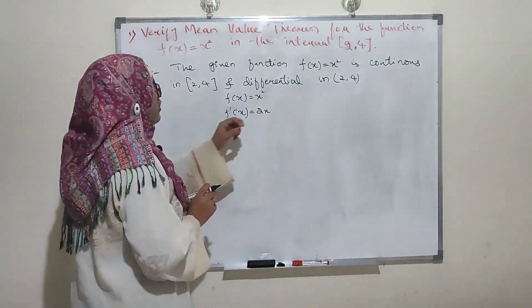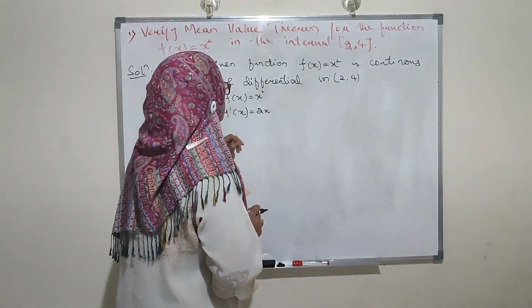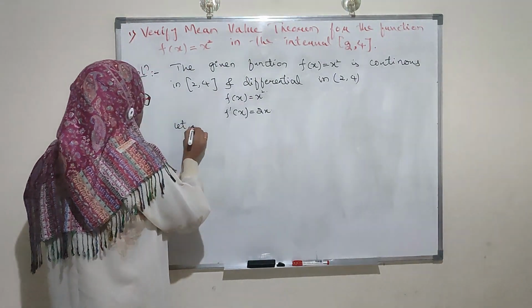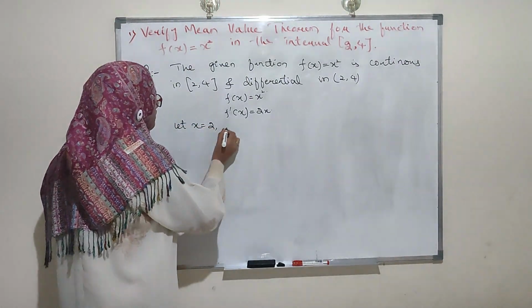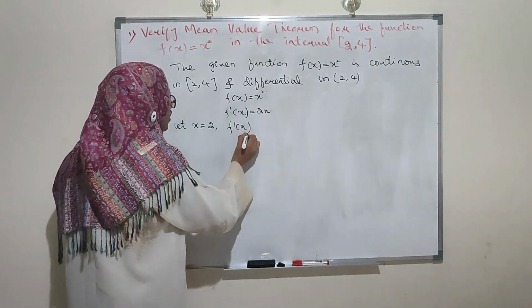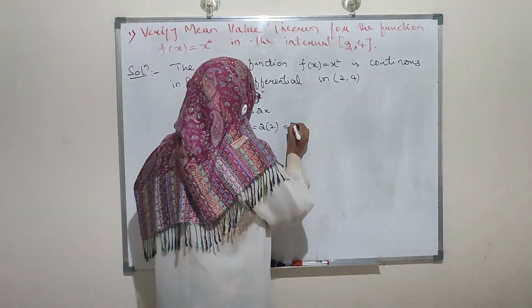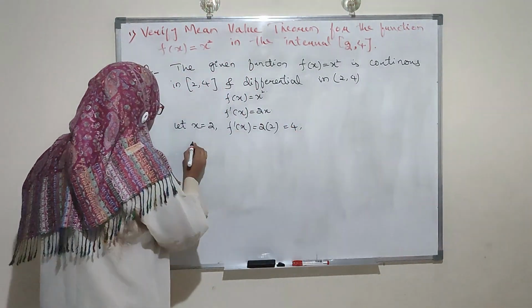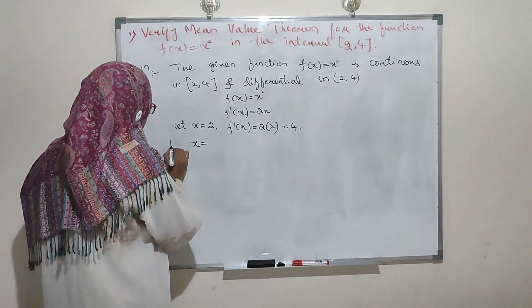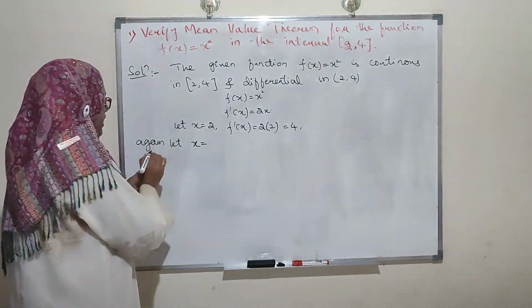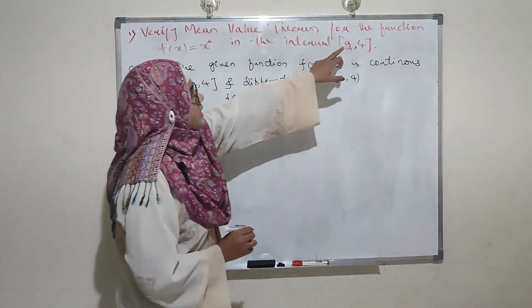Now substitute the values 2 and 4 in this. First let x equal to 2, then we get f dash of x as 2 into 2, that is 4. Now take the second point, x equal to 4.